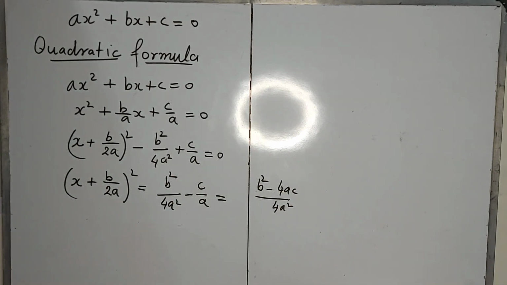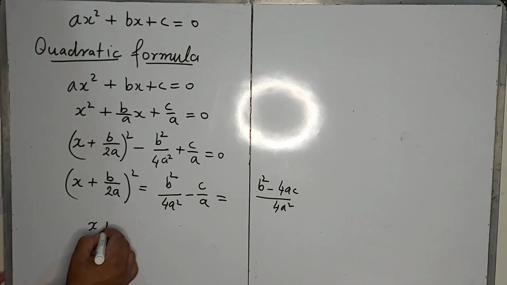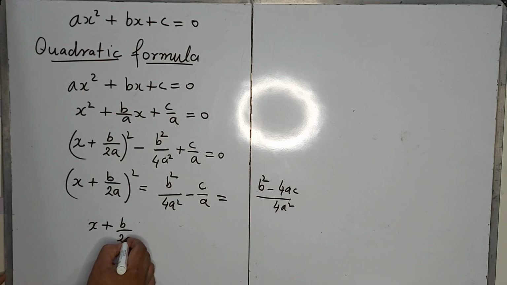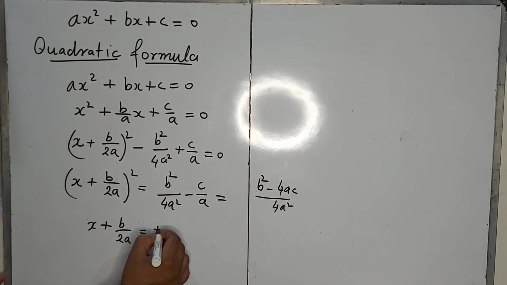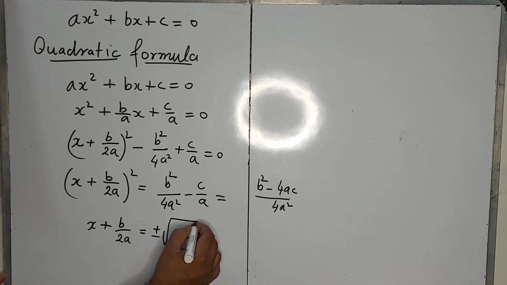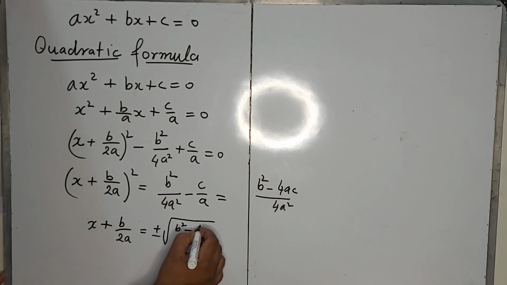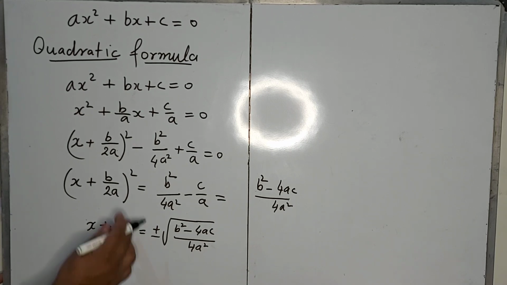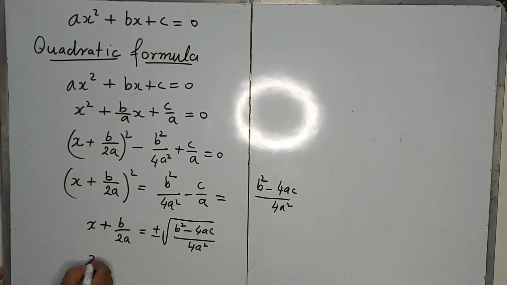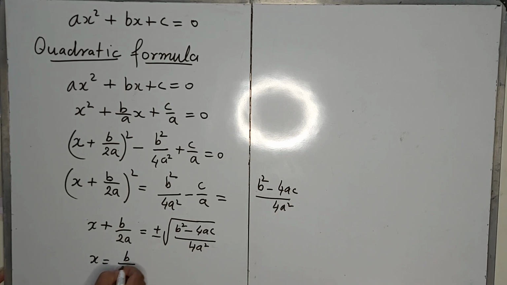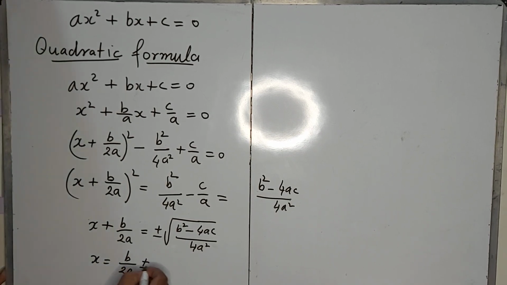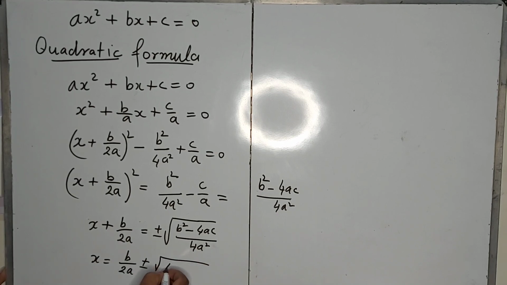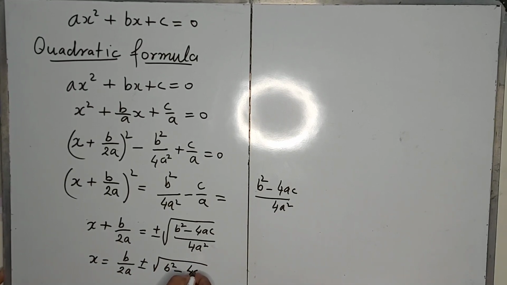Taking root of both sides, x plus b upon 2a is equal to plus minus square root b square minus 4ac divided by 4a square. Now we shift this part also to the right side, x equal to minus b upon 2a plus minus square root b square minus 4ac upon 2a.